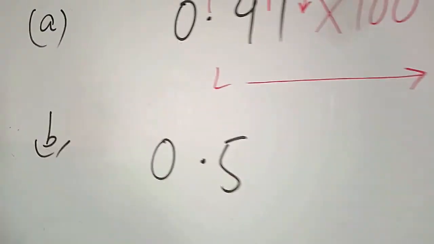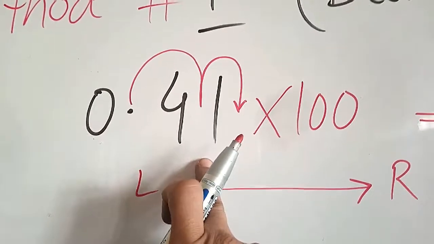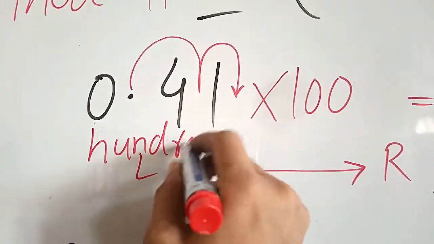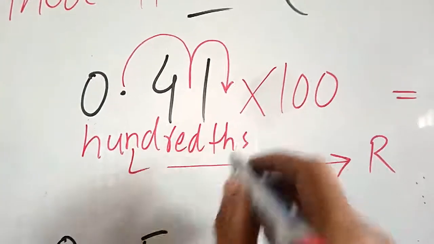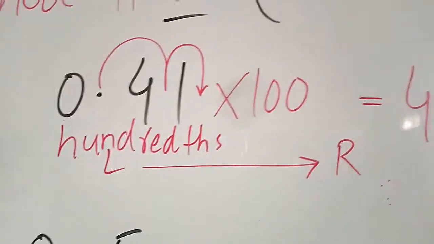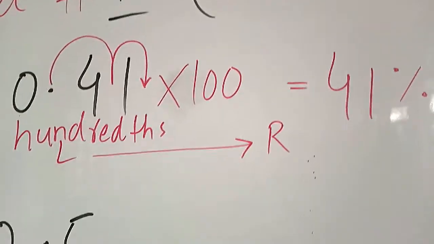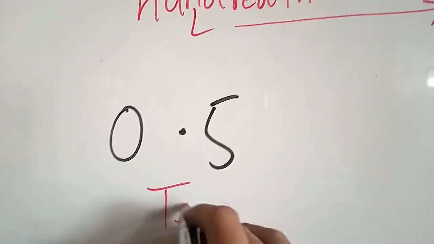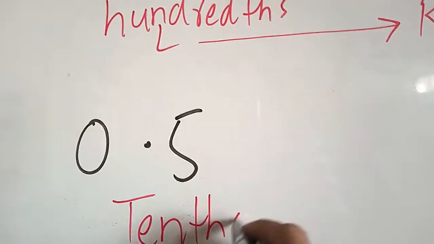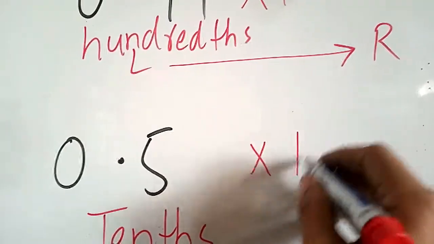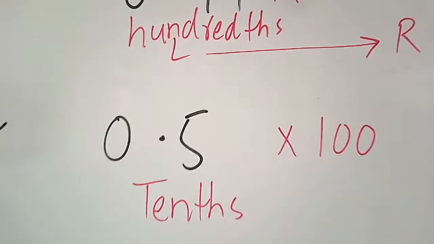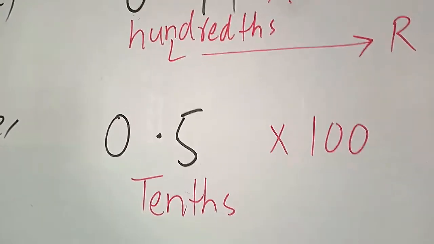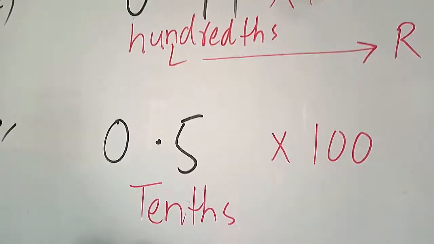Now see one more example. The previous one was in hundredths, that's why it was very easy to convert it into a percentage. But in the next case, in part B, we are having tenths. As the rule of the second method, we have to multiply the decimal by 100, but we are having tenths here.